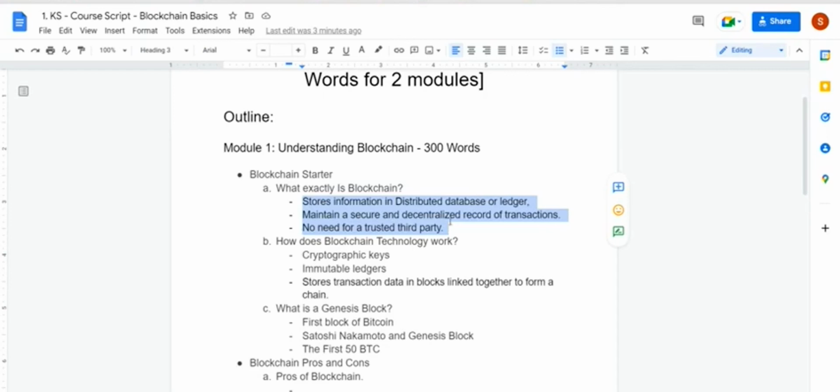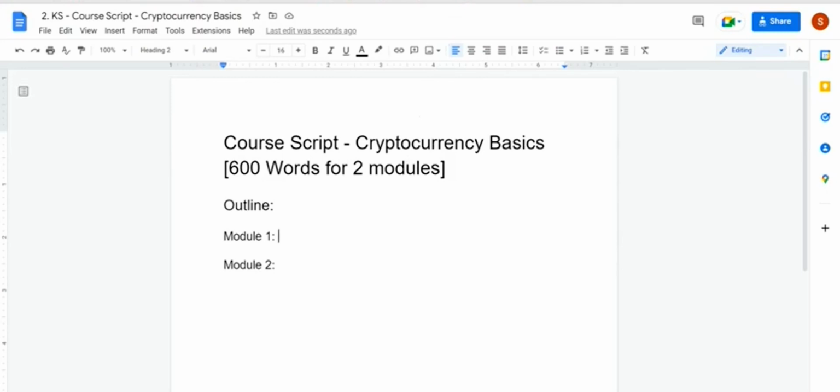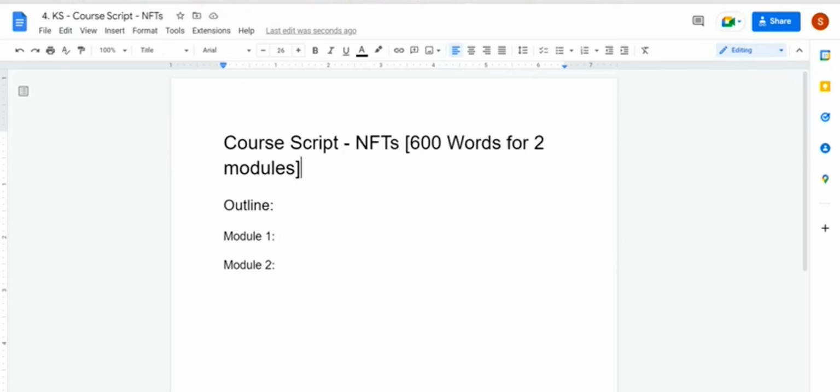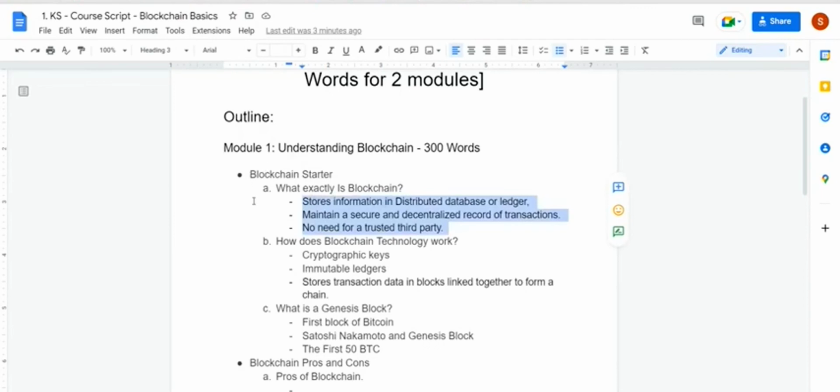For cryptocurrency basics, metaverse, NFTs, Web3, you will be building out the outline within two modules, and within modules you will cover the key topics, and on those topics you should cover a maximum of two key talking points.